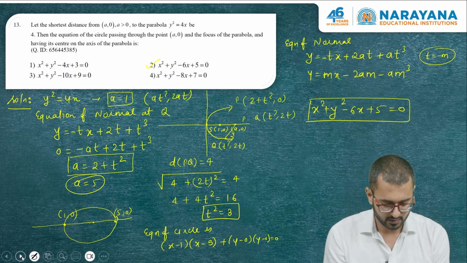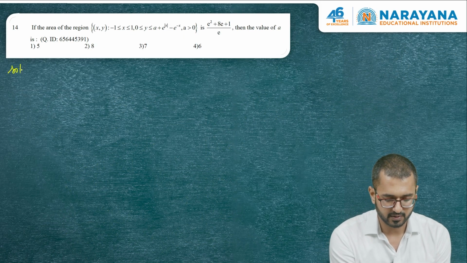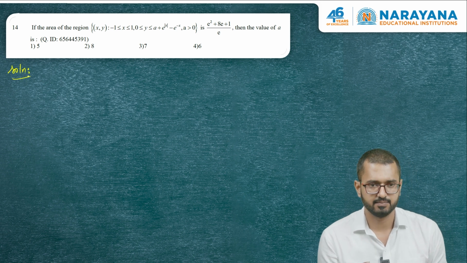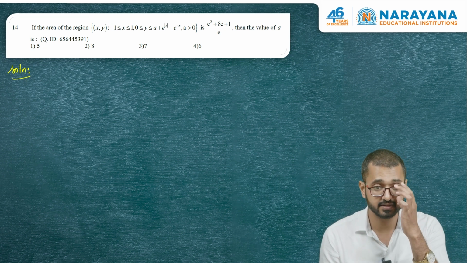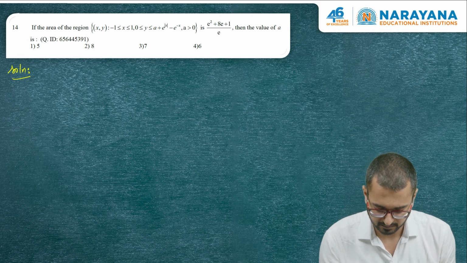Okay, so moving further to the next question, 14, we now have to find out the area of the region, this. So this region is given to be, we'll plot it.